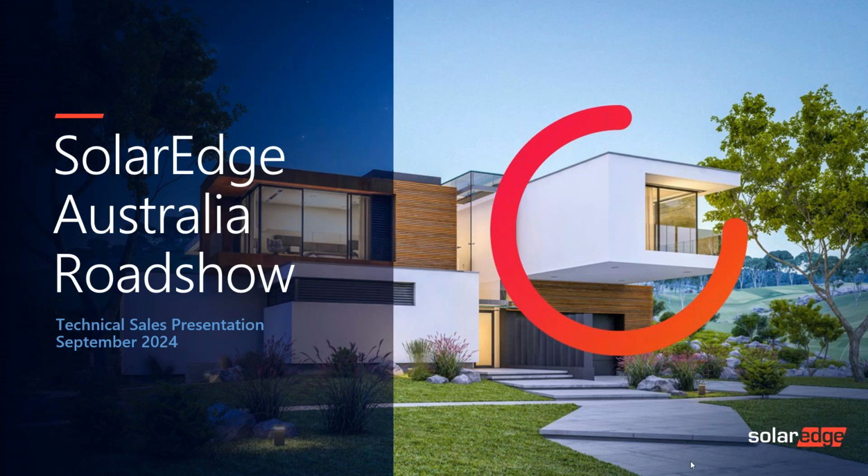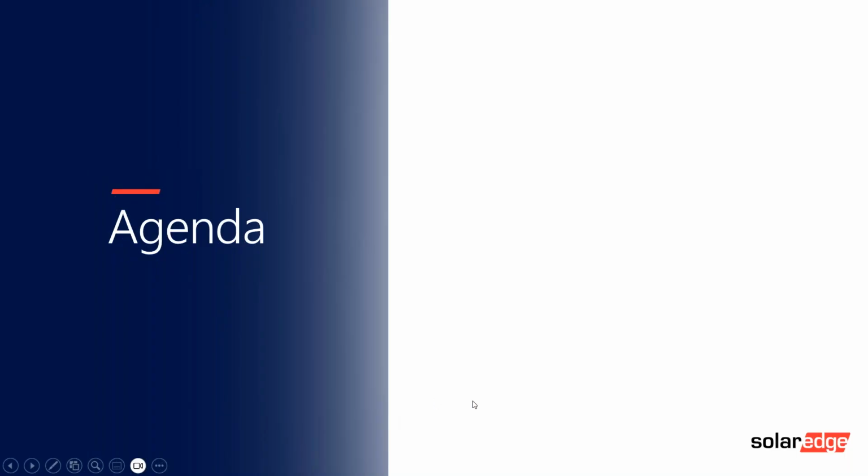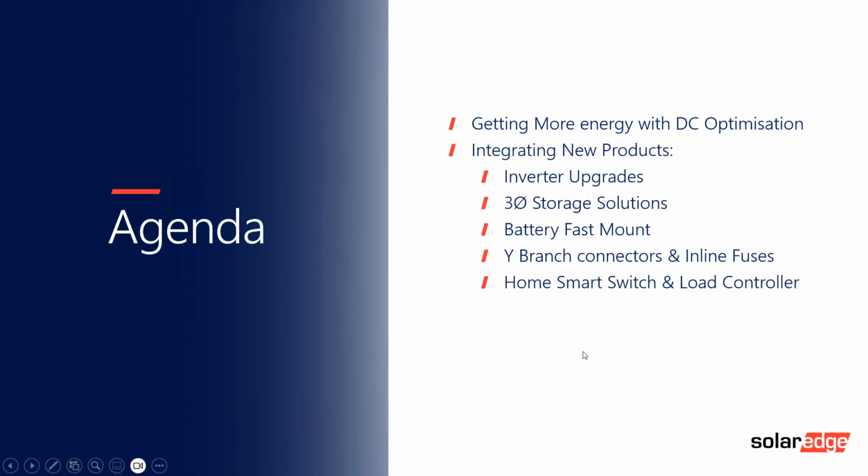Okay. So as a quick agenda, we're going to do a little bit of a recap on why DC optimization in the first place. Why even consider putting an optimizer on every panel? We'll then take you through a lot of the new products that we've just brought to market, in particular our three-phase storage solutions. And then James will take you through a lot more of the technical elements around the configurations of those storage solutions.